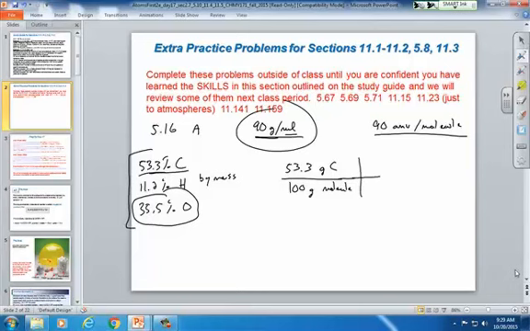That relationship is I've got 90 grams total of the molecule per 1 mole of molecules. If I had a mole of molecules, it would be 90 grams.